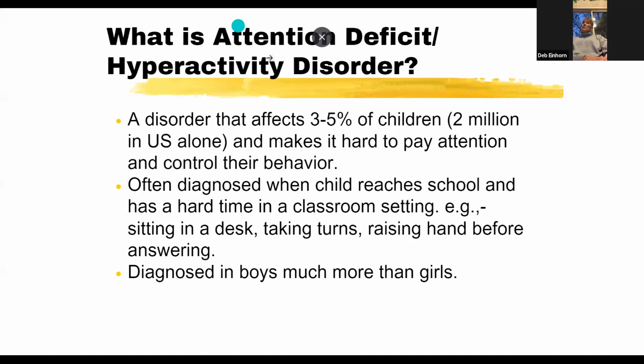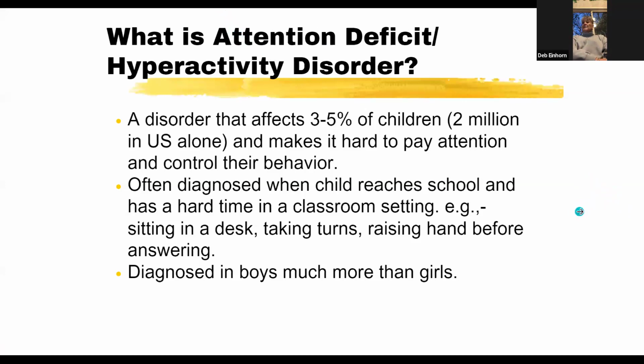So, you know, most toddlers are distractible. They have a hard time sitting still, paying attention. So many times children that have attention deficit disorder aren't diagnosed when they're that young because all toddlers typically have a lot of those characteristics.